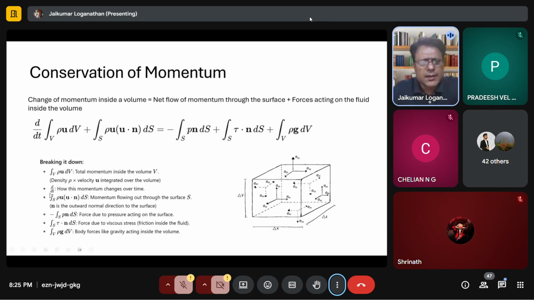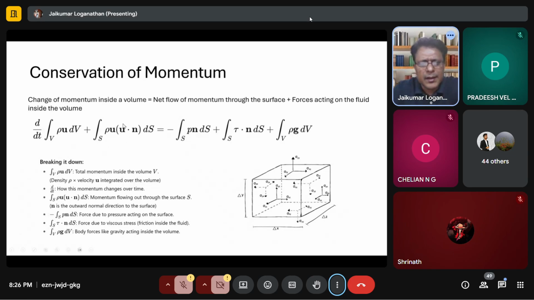So let's look at the terms in detail. It says that the time rate of change of the momentum, right? You see the rho u is the momentum, which is over a volume, and the time rate of this. This is the surface integral. This is not the time, right? This is the surface integral of the convected momentum, right? The rho u, the previous term we saw only rho is getting convected. Here, the momentum is getting convected.